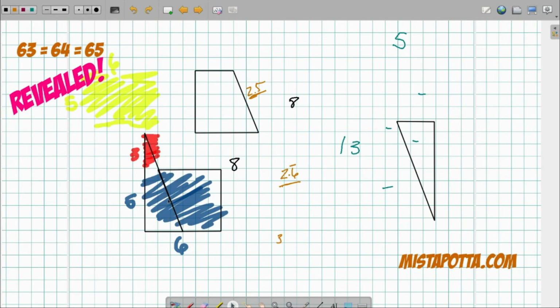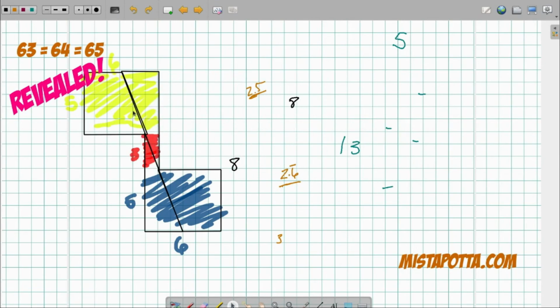But these lines are overlapping, and the overlap here and the overlap here on this one actually adds up to 1 full square. And so 1 full square is basically being counted twice in this shape. 1 full square is being taken away from the 64 to give us 63.